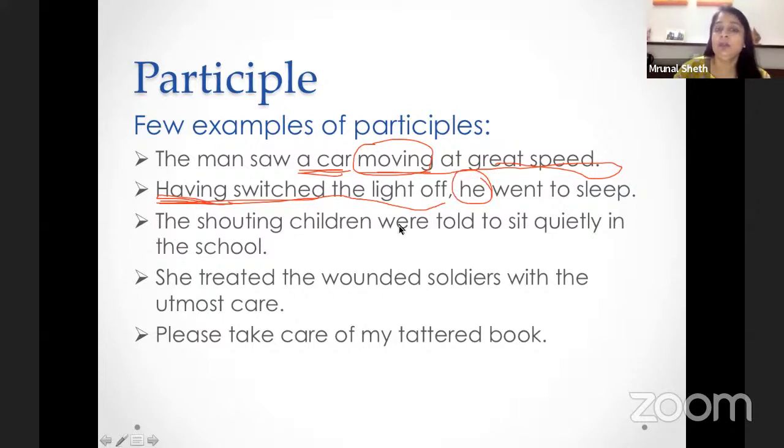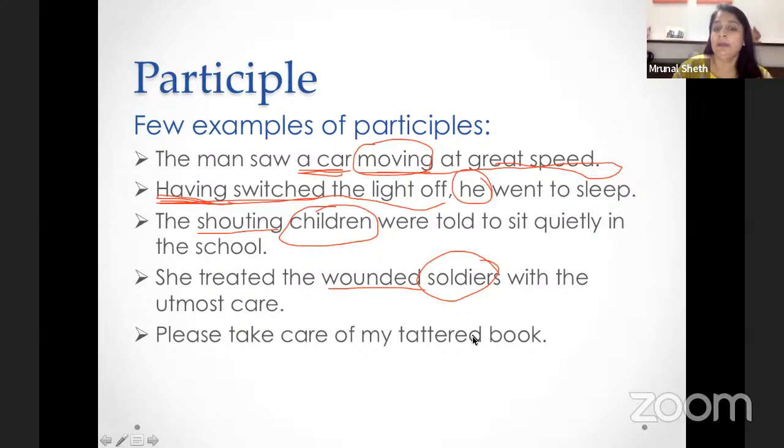The shouting children were told to sit quietly in the school. What kind of children? The shouting children. She treated the wounded soldiers with the utmost care. What kind of soldiers? Wounded soldiers. So they are describing the noun soldiers. Here they are describing the noun children.